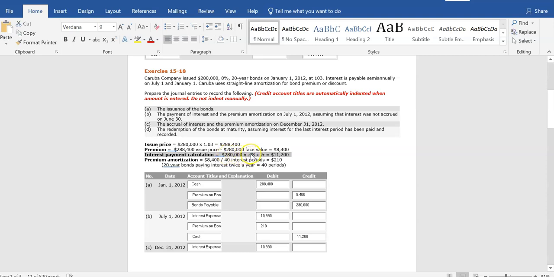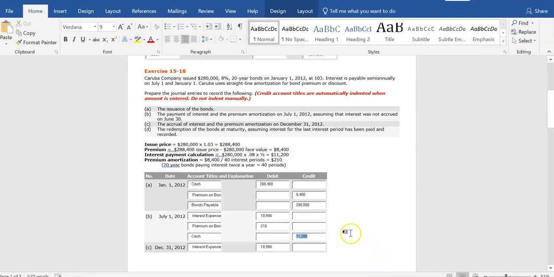We are not paying interest for a full year. We are only paying interest for 6 months. So I multiply that annual interest rate times 1/2 to calculate the amount of interest that will be paid for the 6-month period. We need to pay cash of $11,200 to bondholders for their interest payment. Thus, on July 1st, we will credit cash for $11,200.